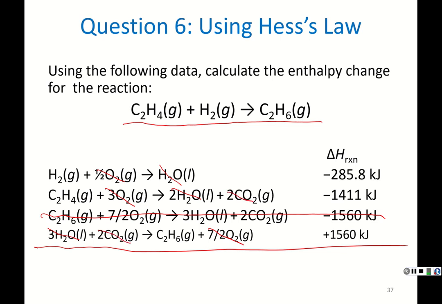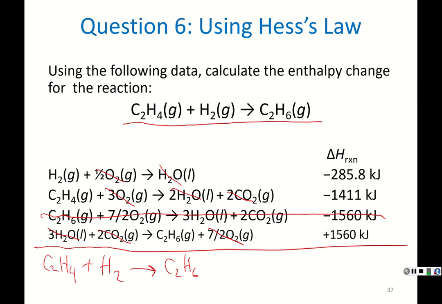So what we'd be left with when we did this is C2H4 plus H2 goes to C2H6, right? And that is what our target equation is.